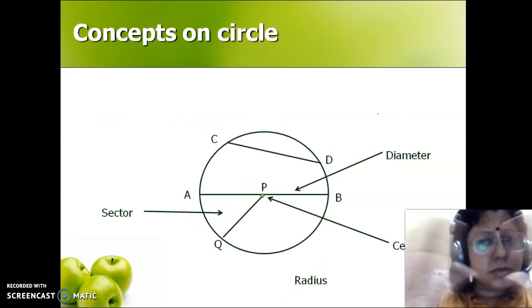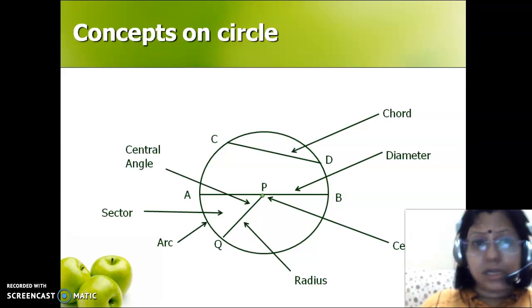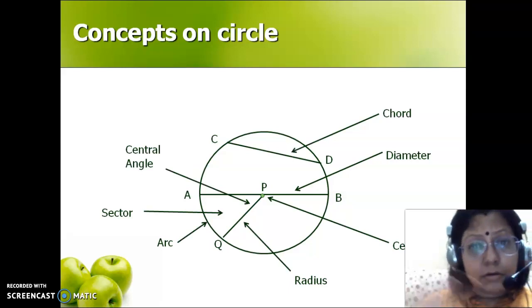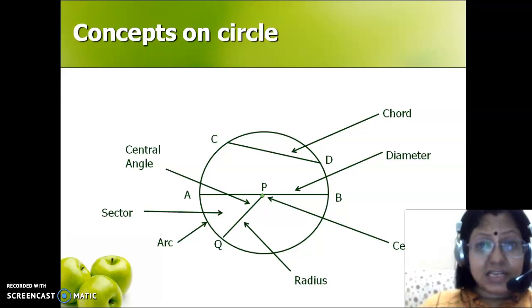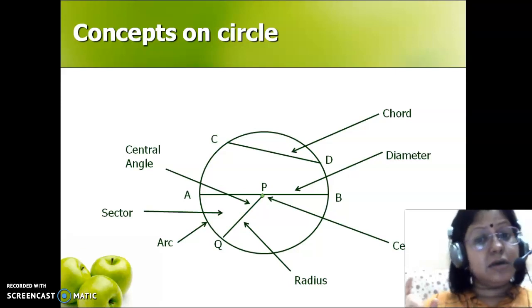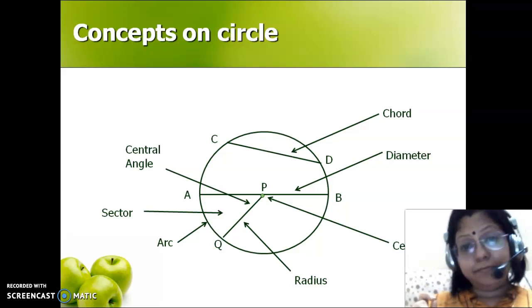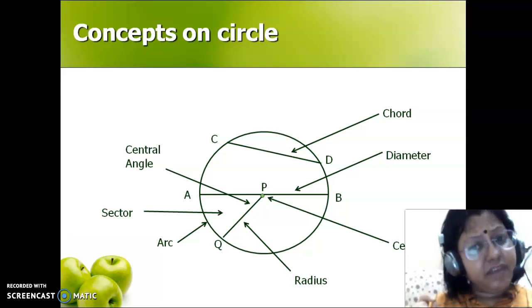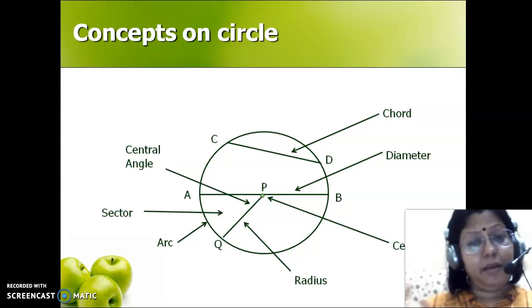Now this is just a gist of everything we have done till now, children, all the components of the circle. So quickly we will revise. CD is a chord, the 2 points joined with the help of a line segment.